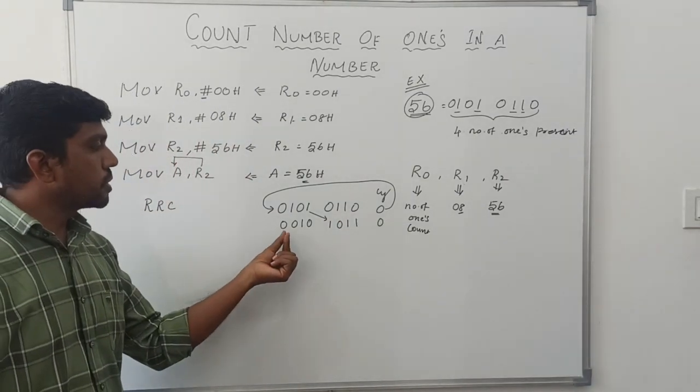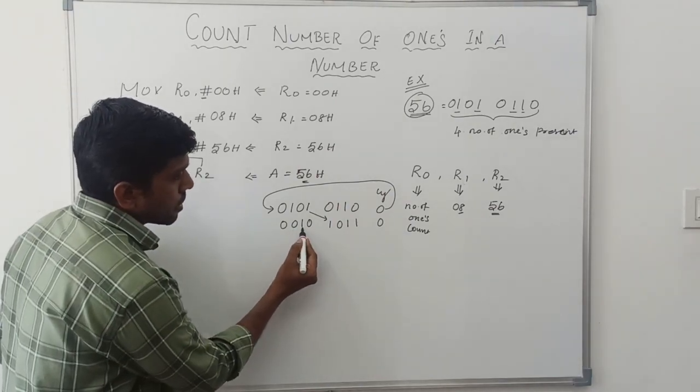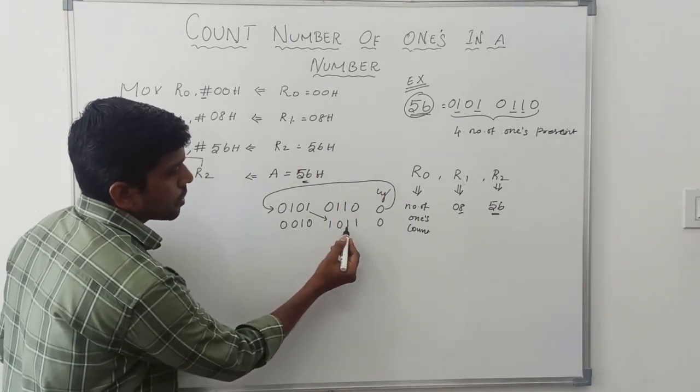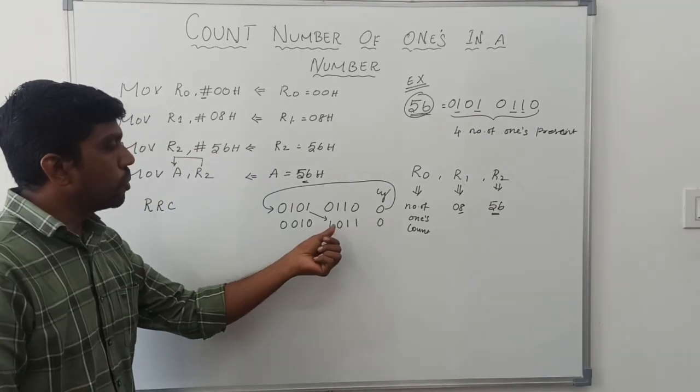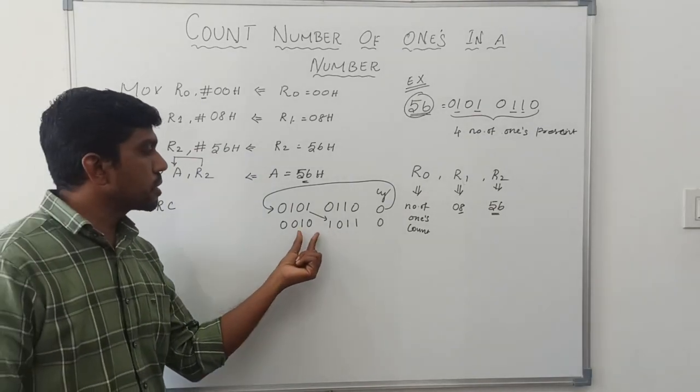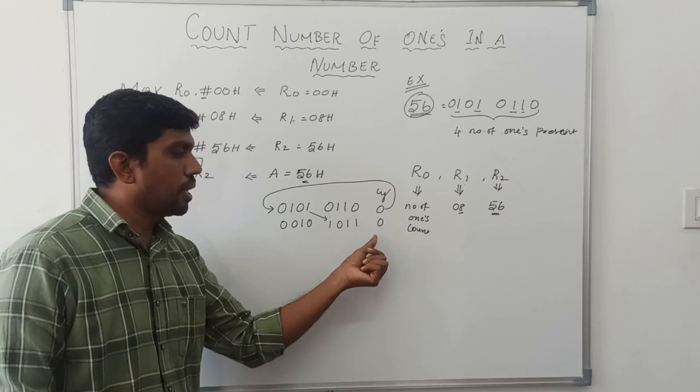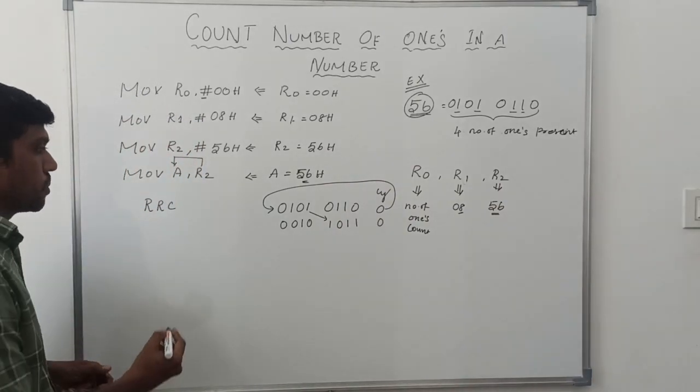After the first rotation, the accumulator content is 2B. After execution of this instruction, the accumulator content is 2B and the carry value is 0.